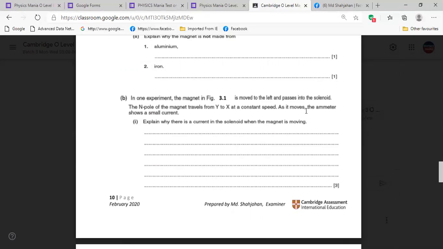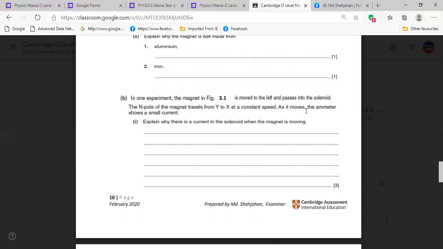The magnetic field lines will cut the wire and the voltage will be induced. Say solenoid. Magnetic field lines are cut by the solenoid, right? Yes. Then there is induced EMF. Okay, that is the answer, right?